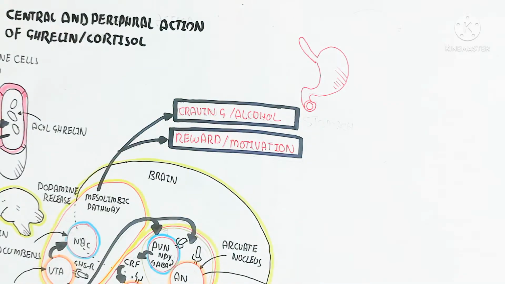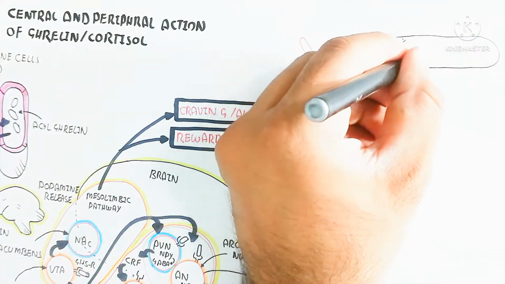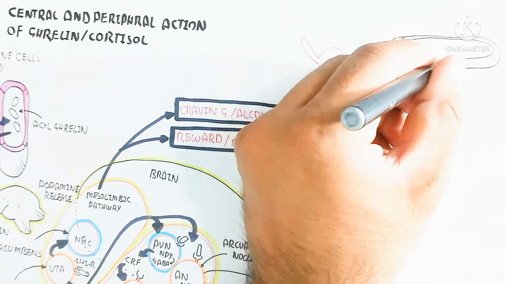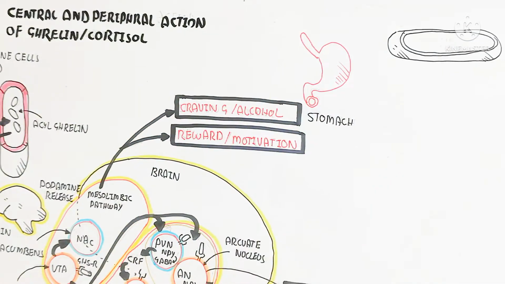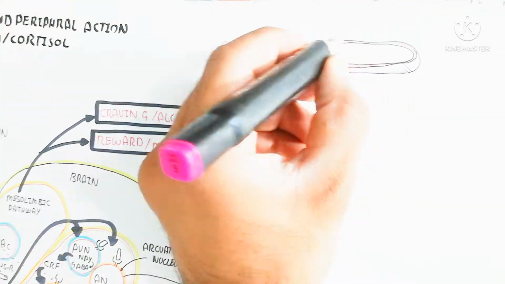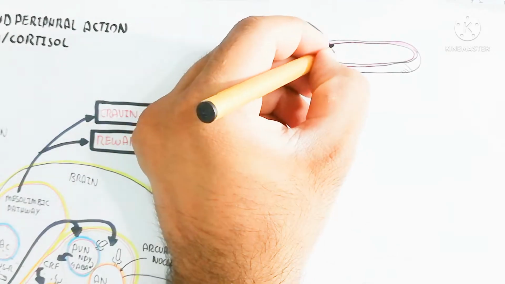So this is the mesolimbic pathway, in which the limbic system will regulate the food. When cortisol increases more, the sympathetic nervous system will increase, leading to increased gluconeogenesis and glycogenolysis, and lipolysis will normalize and decrease the hunger.